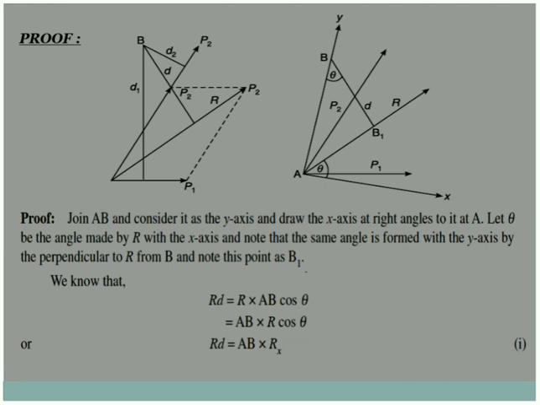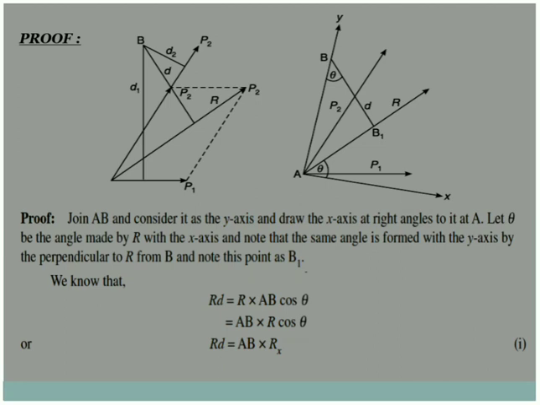Basically we are dealing with the triangle ABB1, wherein with respect to the angle theta, we use the cos principle and get the value of D, and we substitute that in place of RD. R is the same, whereas the value of D is AB cos theta.